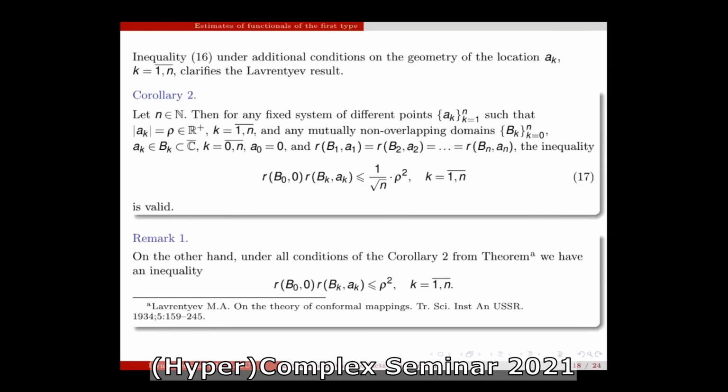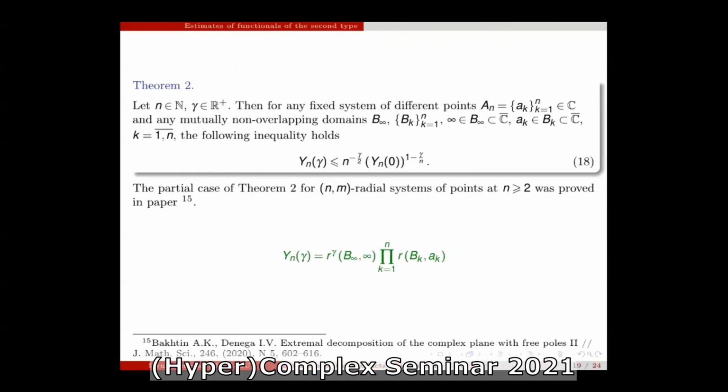On the other hand, under the condition of this Corollary 2, from the Lagrangian theorem, we have the following inequality: R(B_0, 0) R(B_k, a_k) is less than or equal to rho squared for all k from 1 to n. And for the functional Y_n of gamma, we obtained a similar dynamic inequality 18.